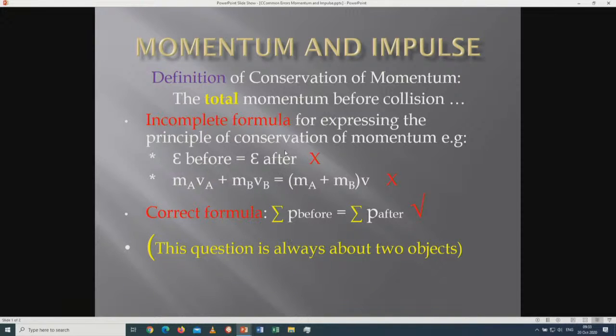Remember, if the question is about the conservation of linear momentum or momentum in general, it's always about 2 objects. And I say it because later on, when questions are asked on impulse, then you are just working with one of the bodies being part of the collision.